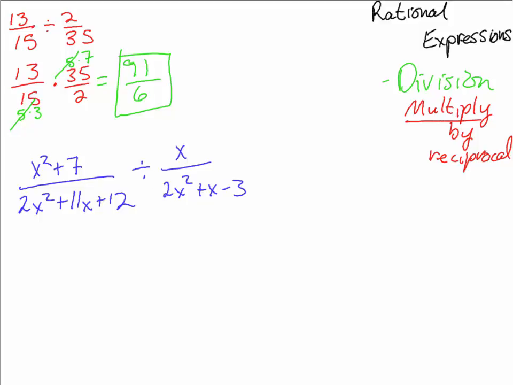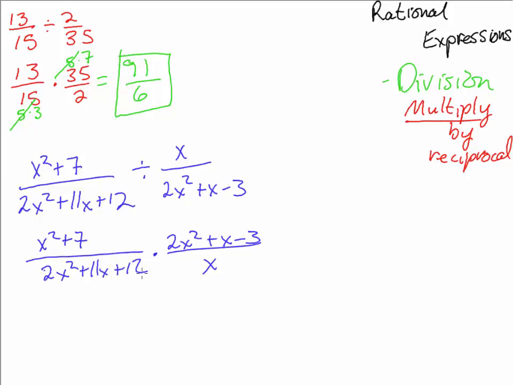Okay, so again, we're going to rewrite it just like this, but with a multiplication symbol. So let's just undo that. Well, let's write it. So it's really going to be times 2x squared plus x minus 3 over x. And let's rewrite this guy.